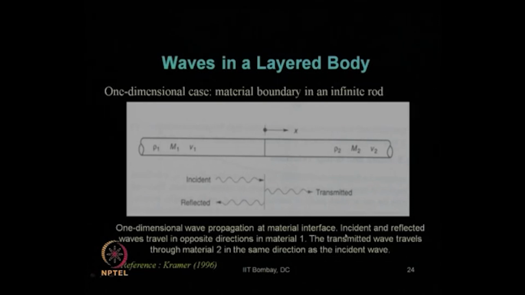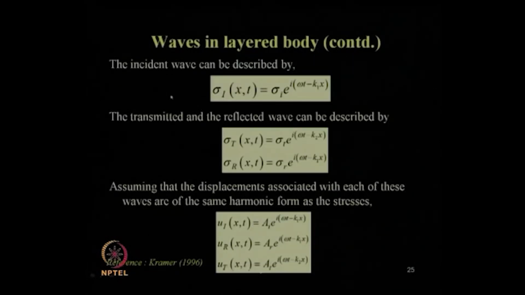So, what we can see for the incident wave, suppose we describe it in the form of a complex number, or say we represent it in the form of a trigonometric function, in a harmonic fashion. The stress of the incident wave, sigma I as a function of x and t, we represent as sigma I, the amplitude, e to the power i omega t minus k 1 x.